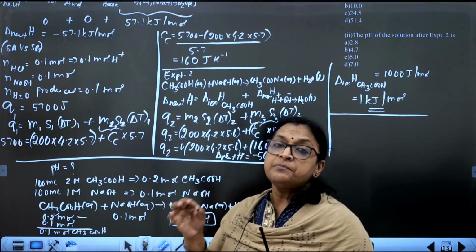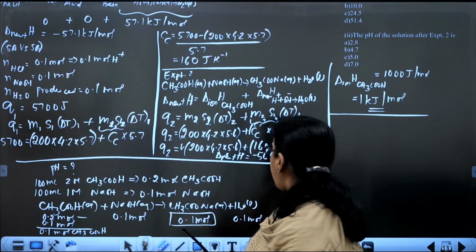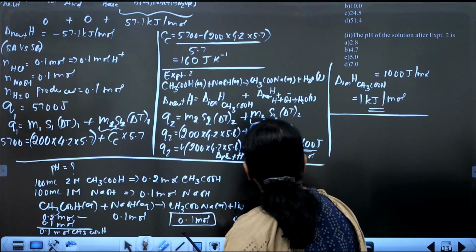So to find the pH of an acid buffer, we can use the Henderson equation.